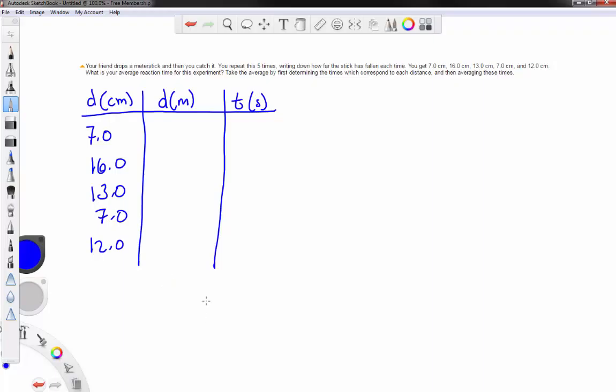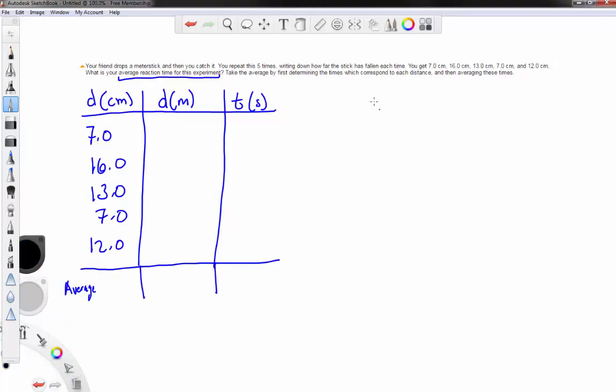The question is, what is your average reaction time? We have to first figure out the time and then average these times. Just as a simple warm-up, let's have an average down here for each of these categories.